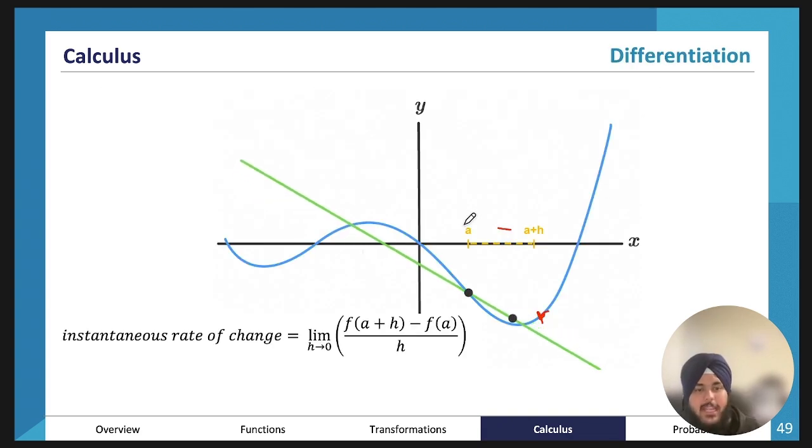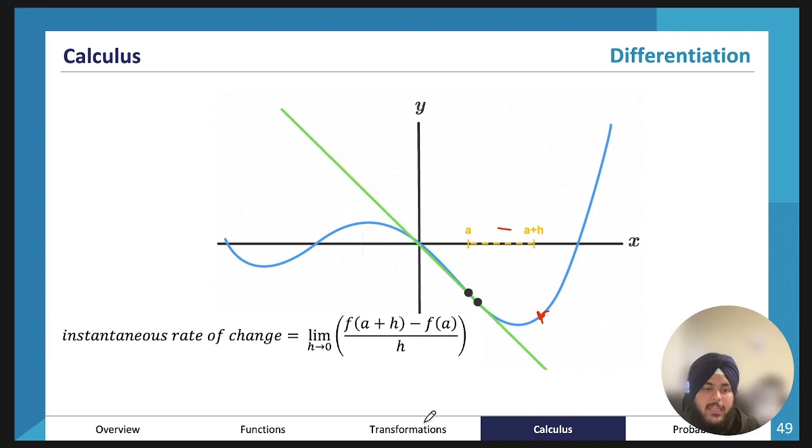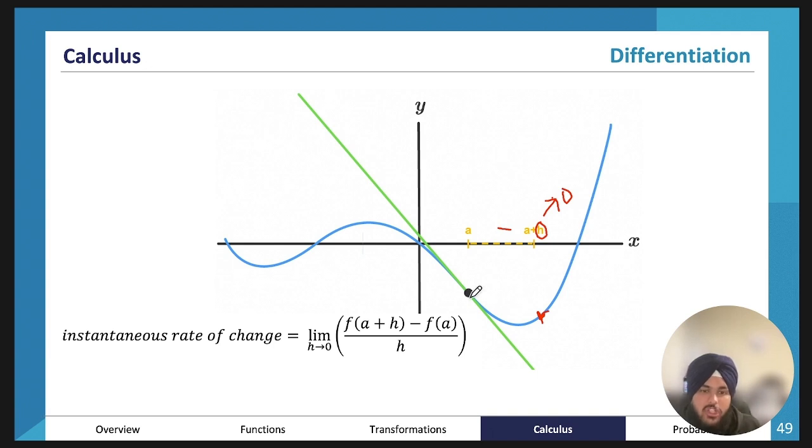But remember that a plus h minus a is just h. So that's how we get the limit formula. What we want is the h value to approach 0, as close to 0 as possible, so that we can find the instantaneous rate of change. So that's why we let the limit as h approaches 0 of the average rate of change function. Again, I hope that made sense in terms of how the instantaneous rate of change has been derived by first principles from the average rate of change.